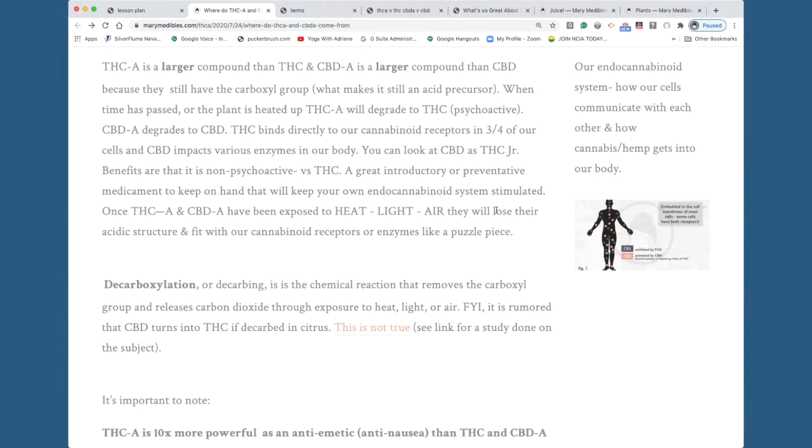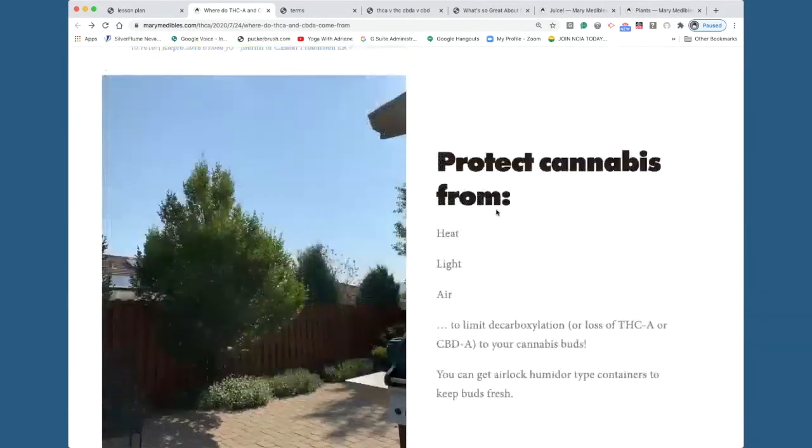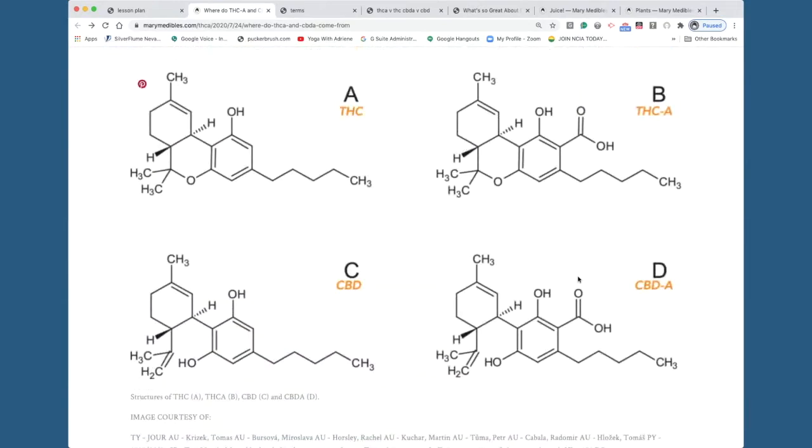And what's interesting is when they're the raw cannabinoids, so the cannabinoids on the right, they don't fit as well in those receptors and our enzymes in our body as the cannabinoids fit when they're heated up, when they lose this carboxyl group.